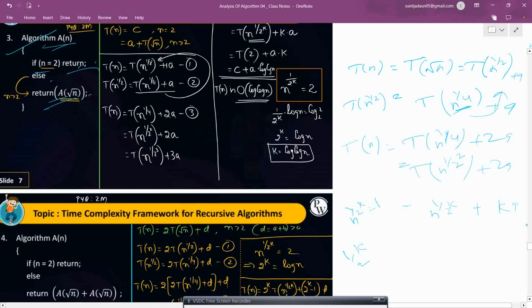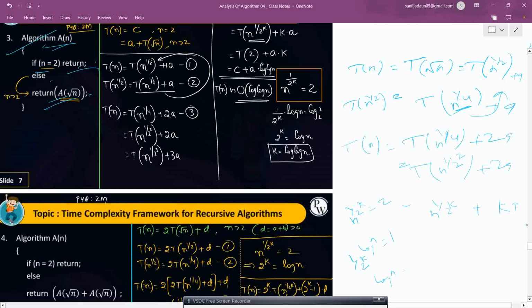What we can do here: the base case is 2 here, so we will take 2, right? So now we can take log. So log of (1 by 2 power k) equal to 1, right?